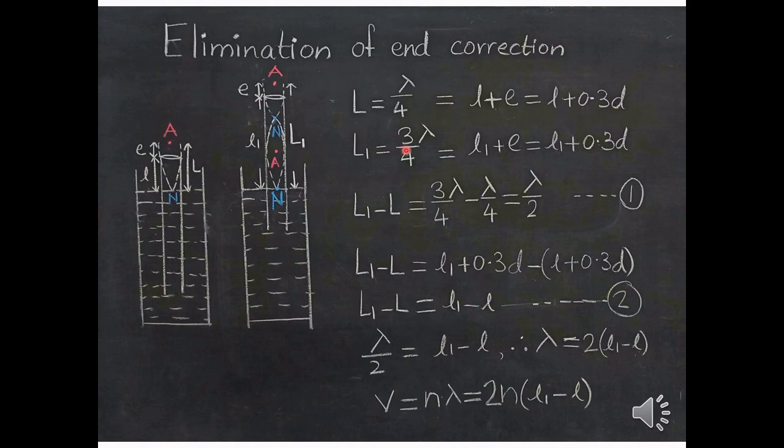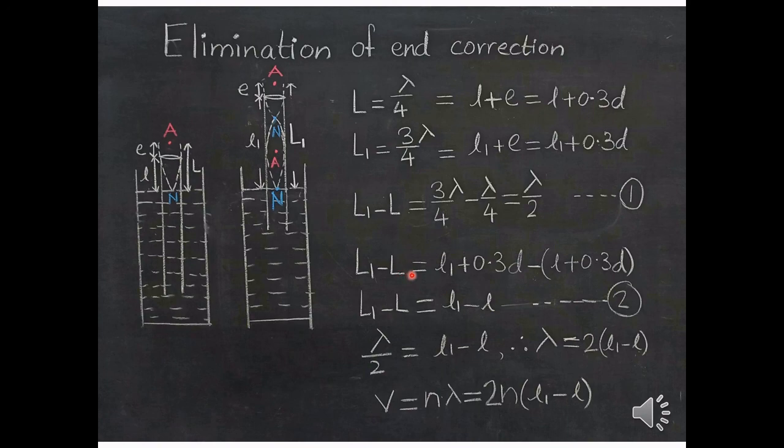L1, which is equal to 3 by 4 times lambda, is equal to small l1 plus E. That is small l1 plus E, which is equal to small l1 plus 0.3 times D. If you subtract L from L1, we'll get 3 by 4 times lambda minus lambda by 4, which is equal to lambda by 2. We'll call it equation 1.